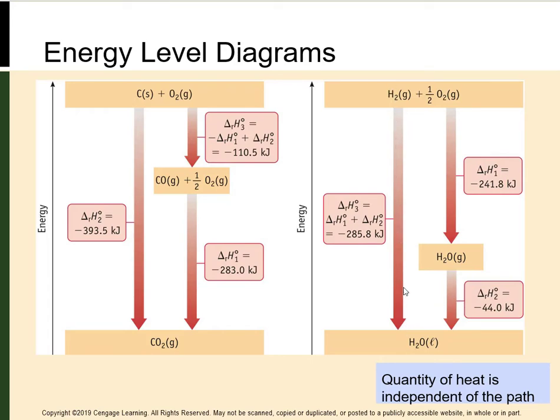If I didn't know what this one single step was, I could add these 2 together. So there are all different ways we can get there. Hess's Law tells us that we have a state function here, and that we can add or subtract enthalpies of reactions to find our delta H for the overall process.